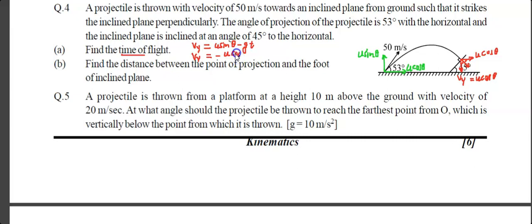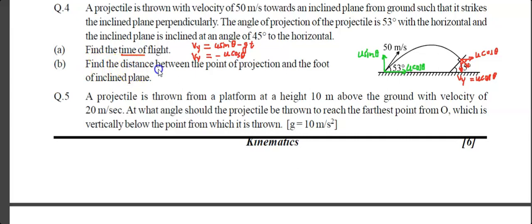Why do we write minus u cos theta? Because the direction is downward. That means this is the situation when the particle returns back to the ground. If we write this plus, that will be the situation of somewhere here. That is not what we are interested in, right? So this minus sign has to be placed in. Now this number you know, this number you know, and g you know. From here you can easily find what t is going to be. Make sense? So this is how you can find the value of t.